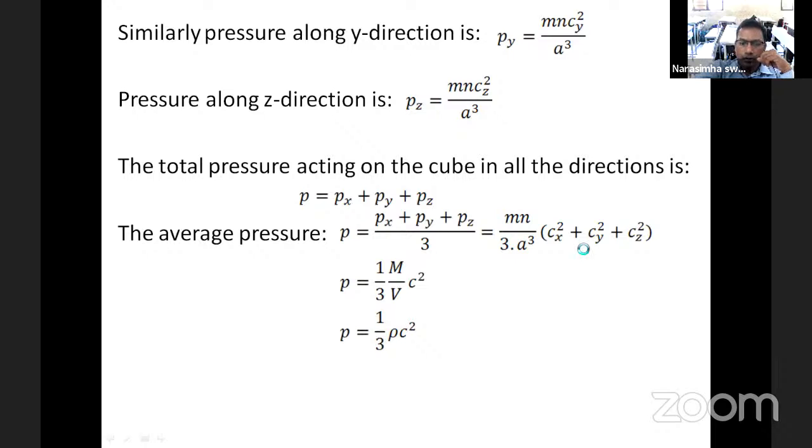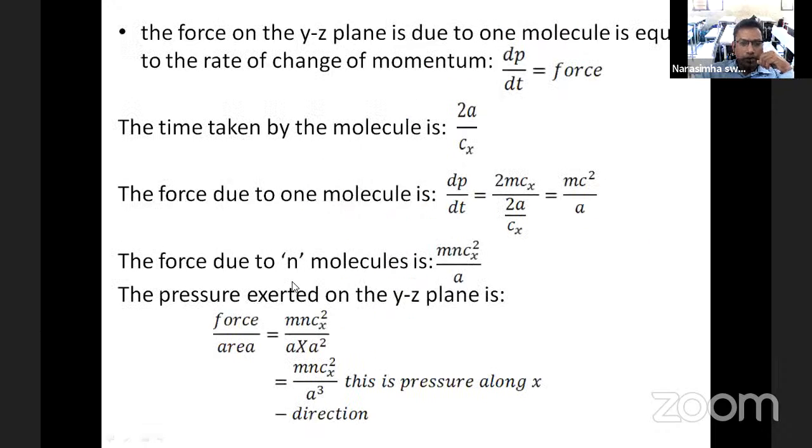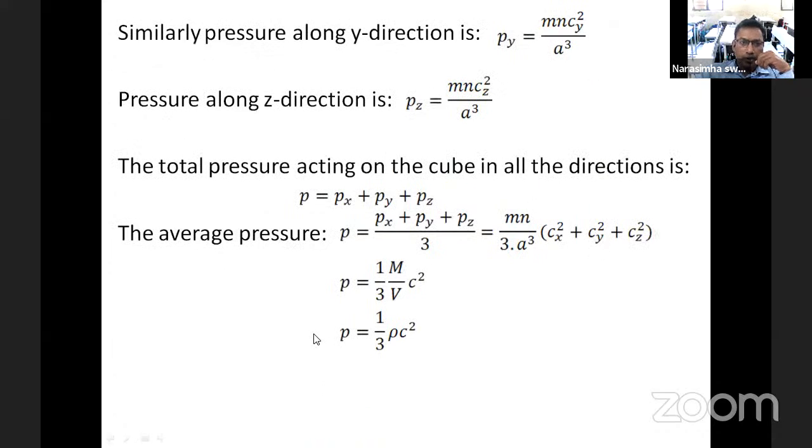See here, the pressure formula is force by area. We got the force, and the area is a squared, so multiplying with a and a squared we get a cube. Similarly for the y direction, py is equal to mncy squared by a cube, and for the z direction it is mncz squared by a cube.